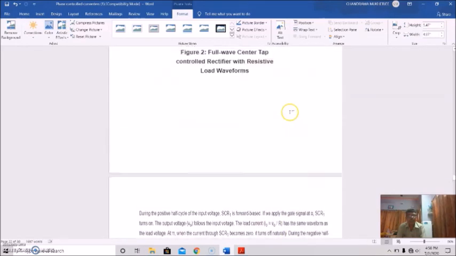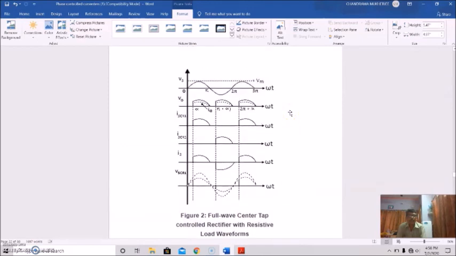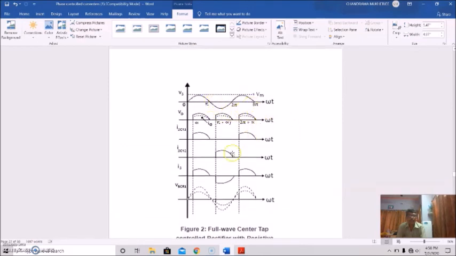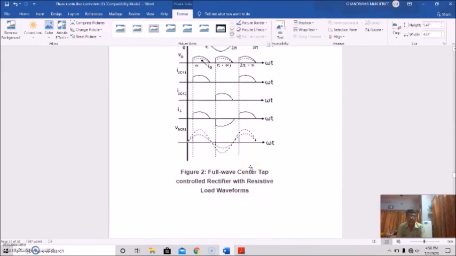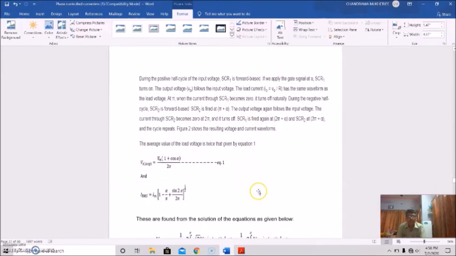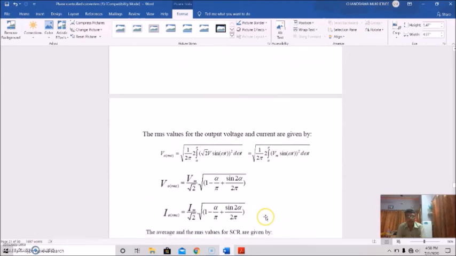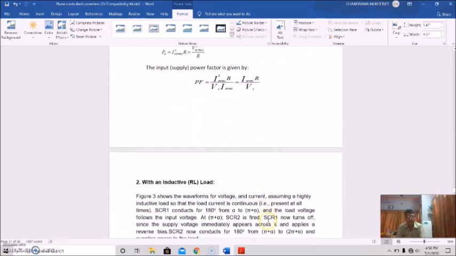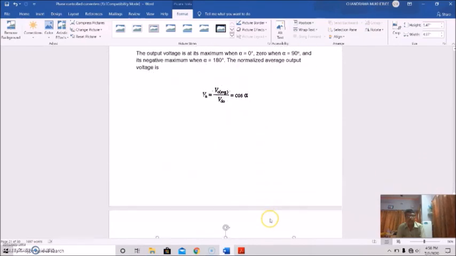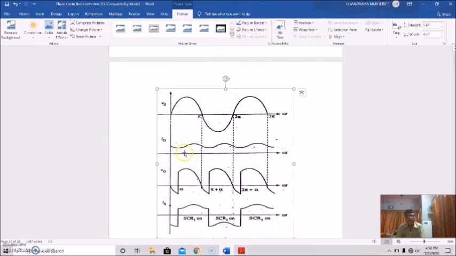So actually see, this is the waveform, initially the resistive load waveform. This is the output waveform, and this is actually the current. Then we got this waveform with highly inductive load. See, this is the output waveform.